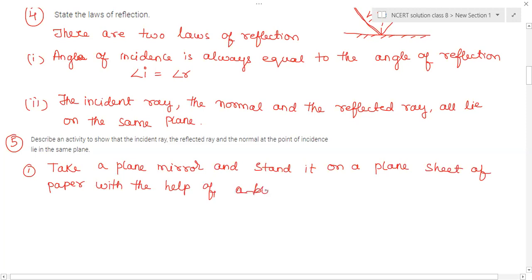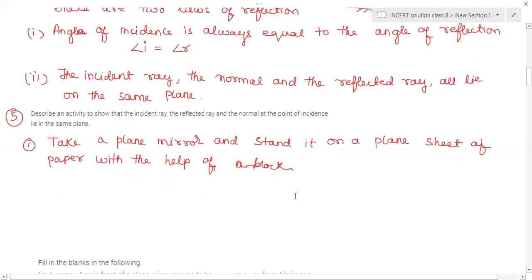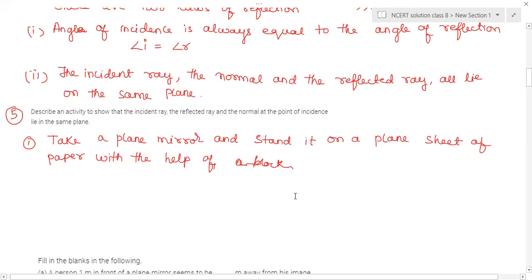You can take support of a block and set the mirror on a plain sheet. Secondly, draw an incident line AB and see in the mirror and mark the points on the paper. Wherever you see that the light is being reflected, you can mark it on the paper.